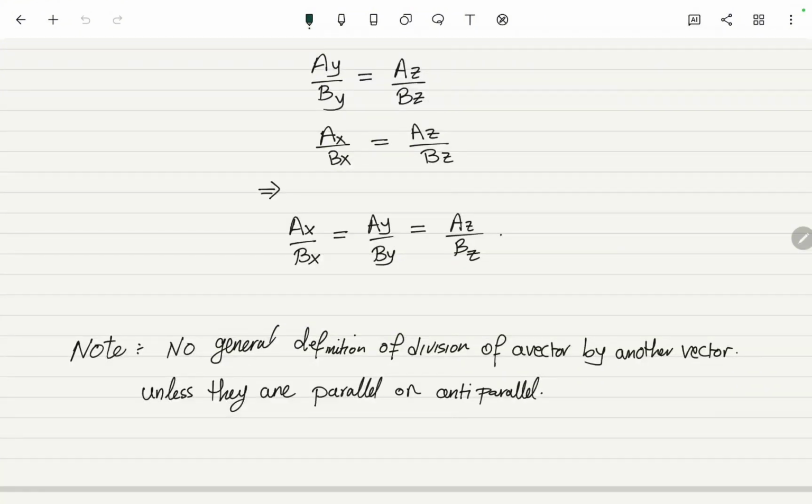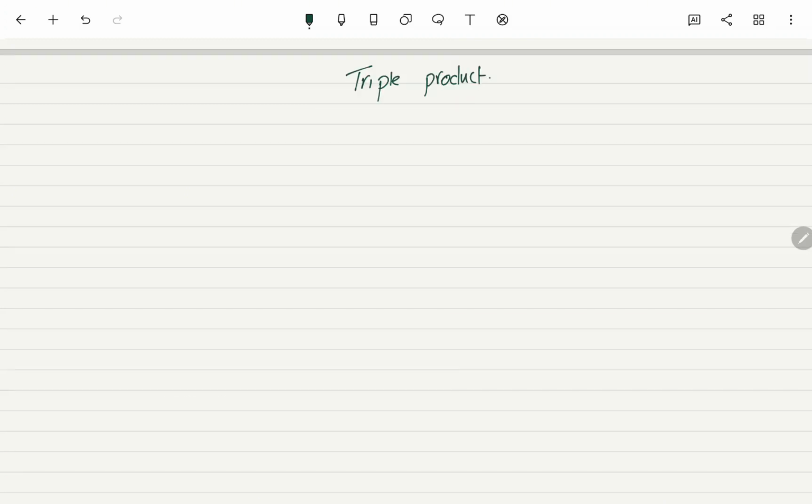Now let's move to triple product. In triple product, let's start with triple scalar product. For instance, D equal to A dot B cross C. In this case, there is no need to include parentheses because B cross C is a vector quantity.